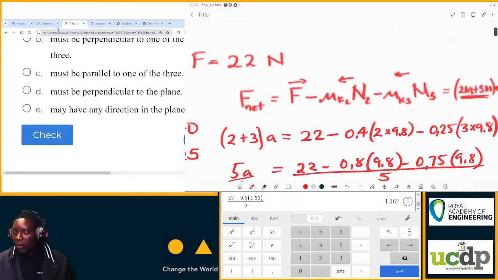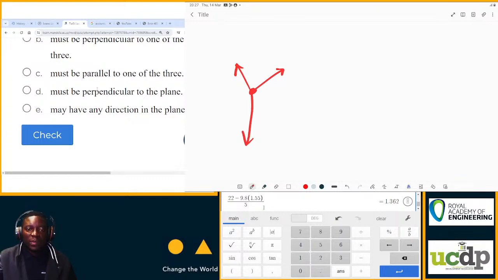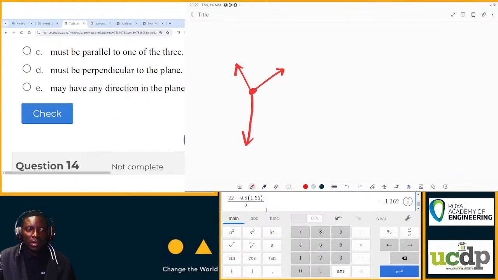So three coplanar forces are just forces in the same plane. They can be like this. So their resultant, must it be parallel to one of the three forces, perpendicular to the plane, or perpendicular to one of the three forces, or is 0, or in any direction.